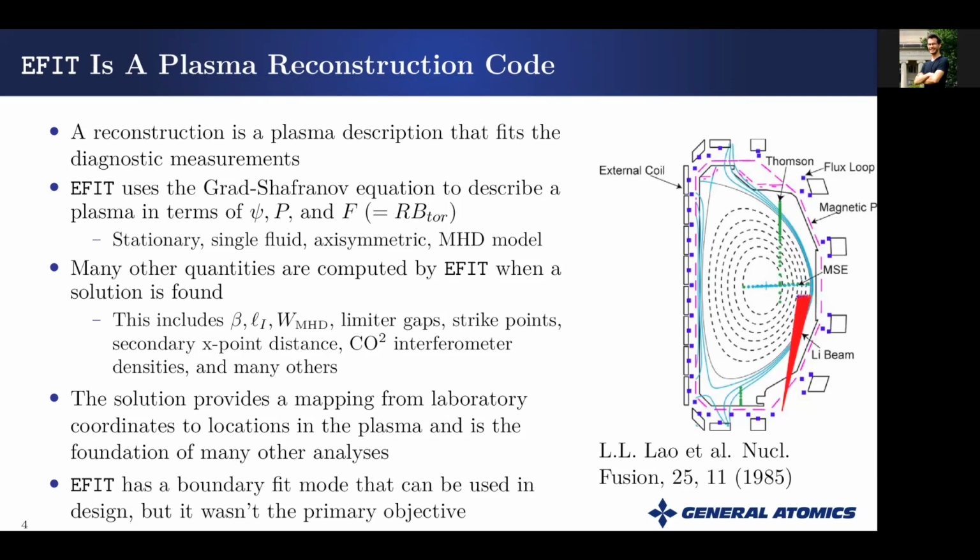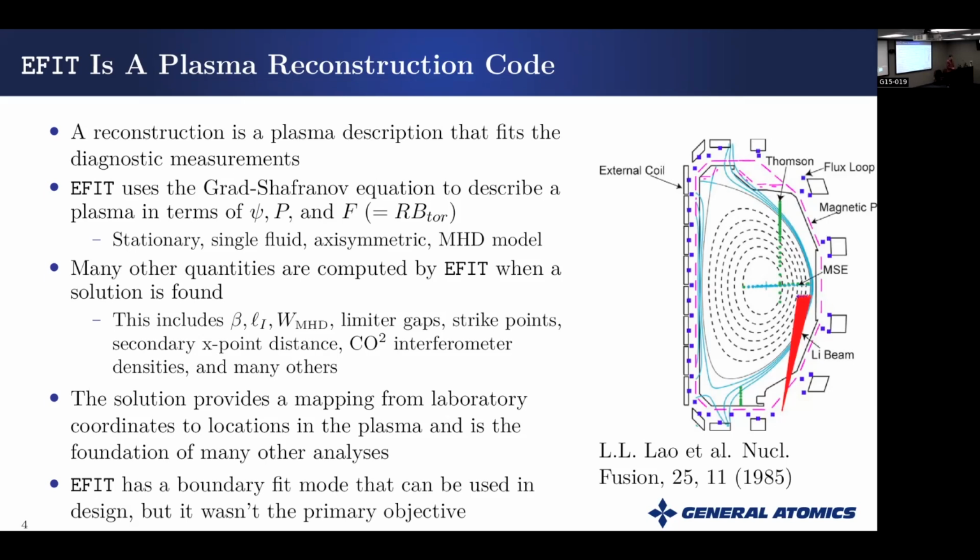And really the main use case for EFIT is as a transformation between a laboratory coordinate and where you are in terms of the plasma and how far in or out you are towards the core or the edge. So it lays the foundation for a lot of other analyses and workflows that will be covered later in this tutorial session that can be done in OMFIT. But that's the primary use case.